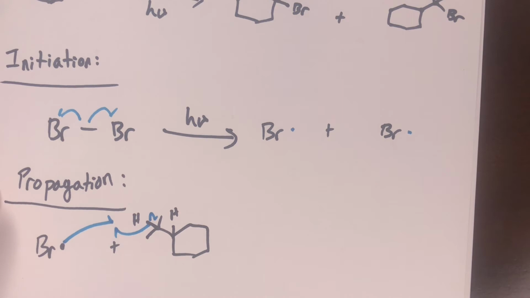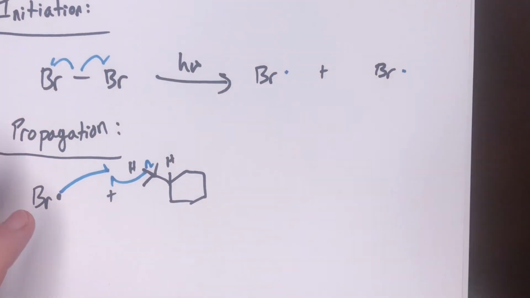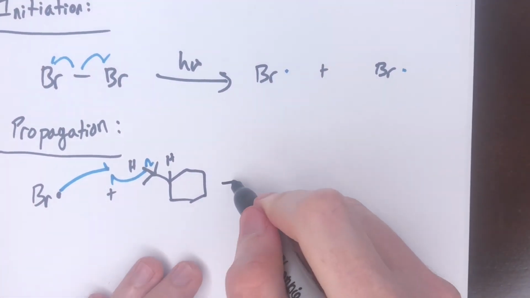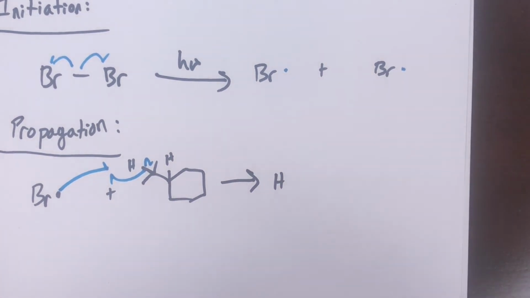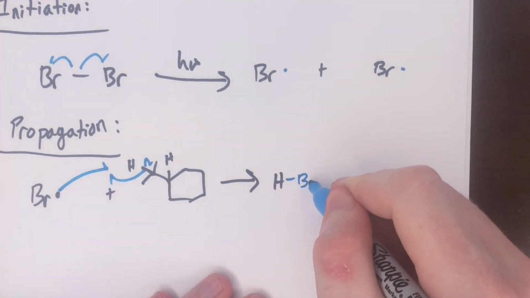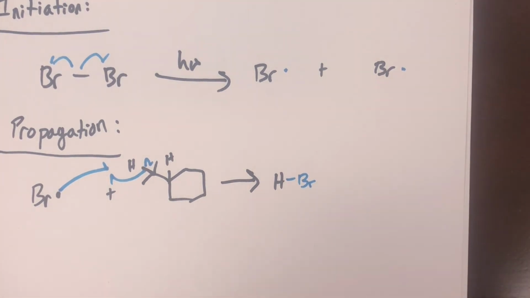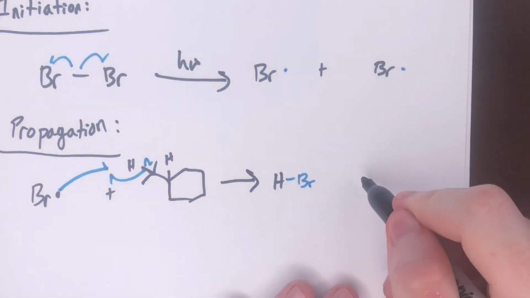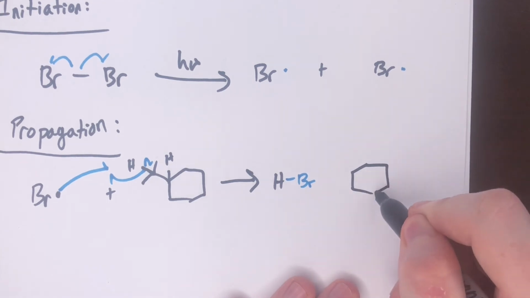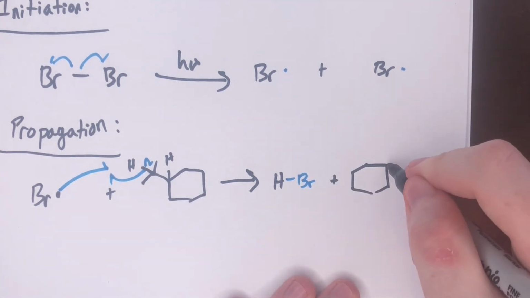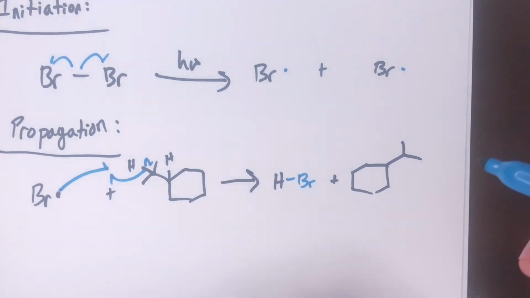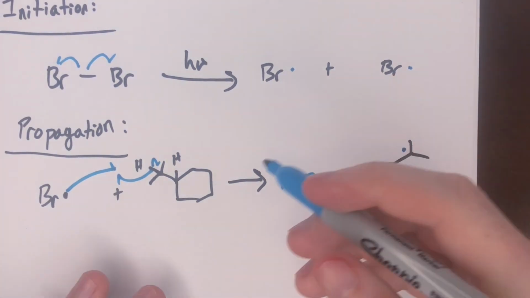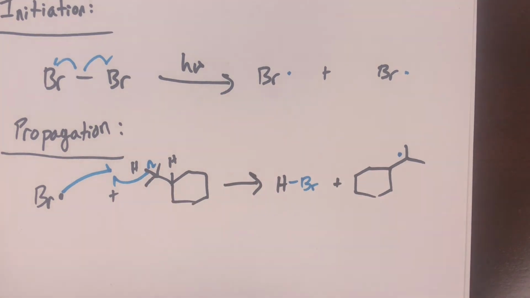So our products from the reaction as drawn are HBr, as usual, in the first propagation step. And then we create this carbon radical. I'm redrawing it over here, again, to avoid clutter. This is an achiral molecule as well, again, because of the plane of symmetry across the ring.